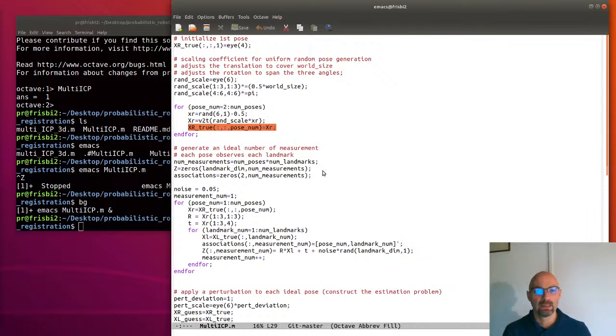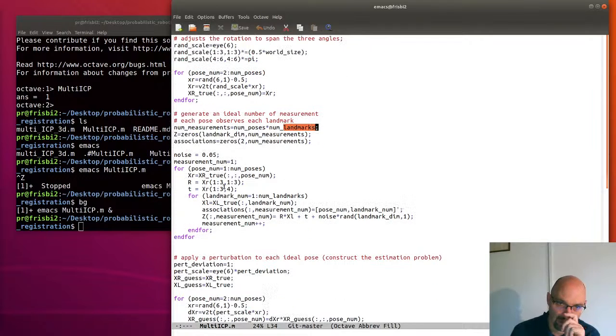Then we construct the matrix of measurements, and we say that every pose observes every landmark, just for simplicity. Accordingly, the measurement vector will be equal to the number of landmarks times the number of measurements. This Z is a matrix for consistency, and we will also have a matrix which we call the association matrix.